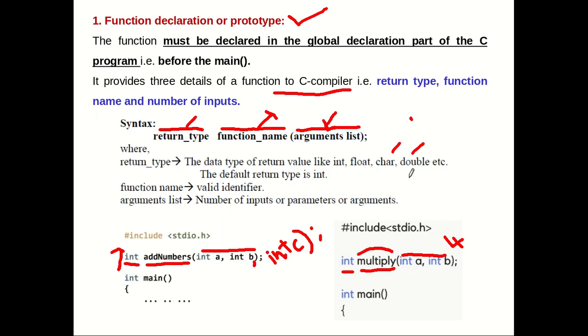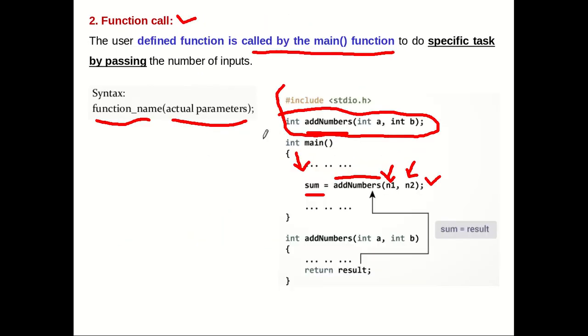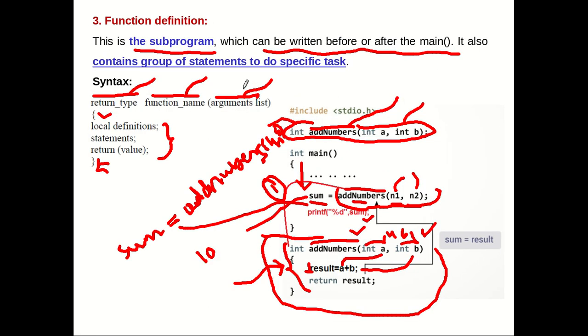Once the function declaration is over, you have to call the function following this syntax. The call will change the control of program execution from the main program to the function body. Once the calling is done, you prepare your function body by following this syntax.